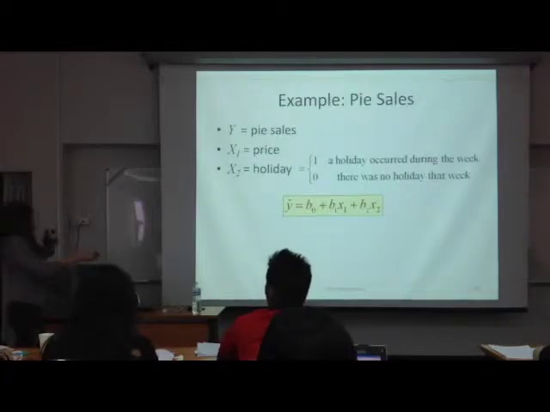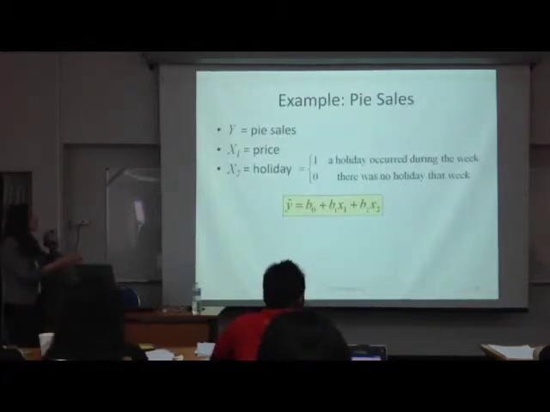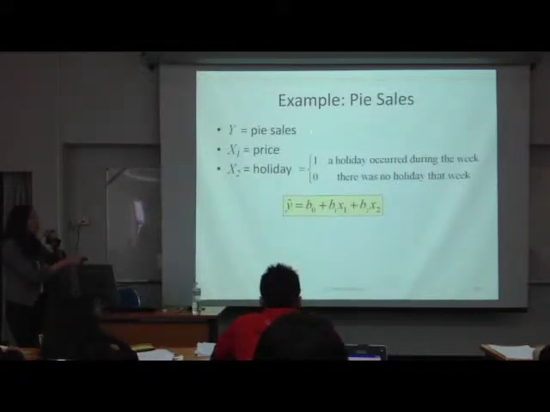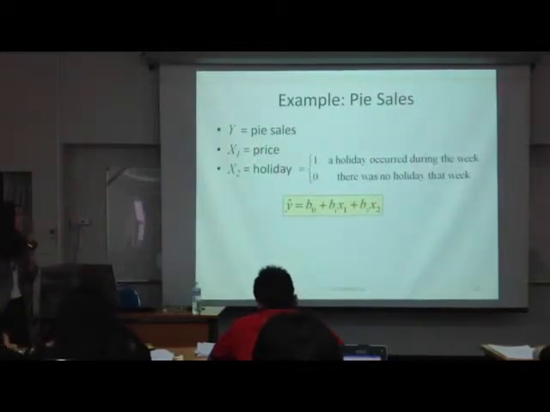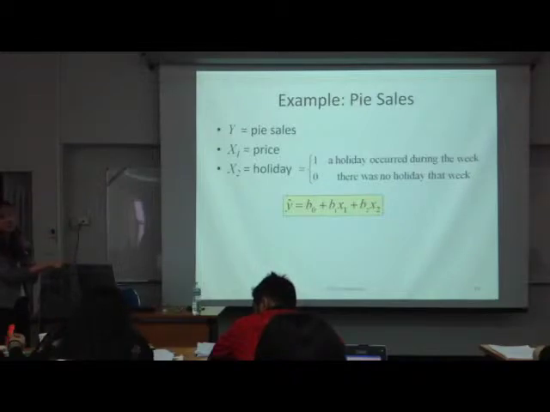But x2 is a holiday variable, and it can take value 1 or 0. It's 1 when a holiday occurs during that week, and 0 otherwise. Okay? So in this case, we're going to fit this model.